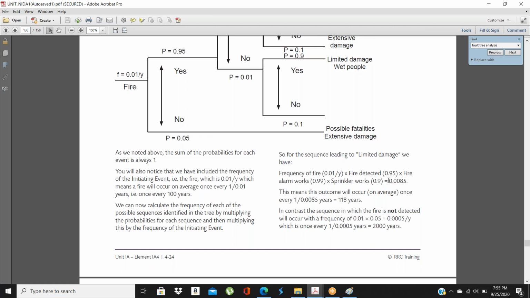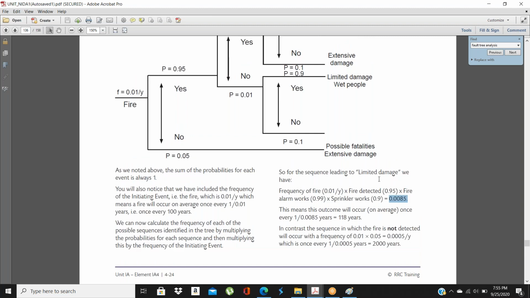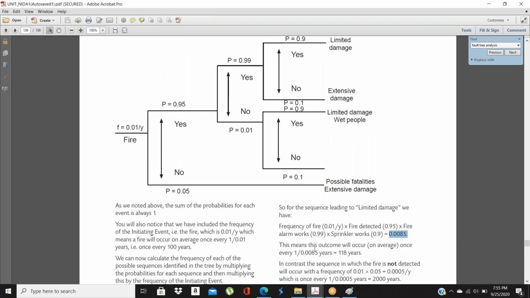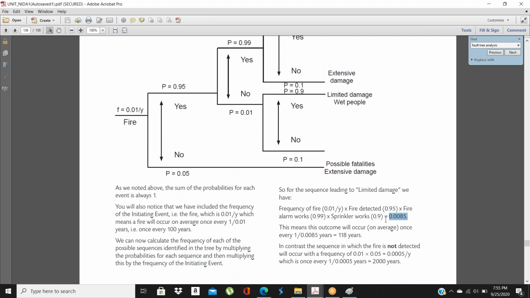So it will give you one factor, the probability of limited damage, and since we are per year, let's suppose 0.0085 per year.